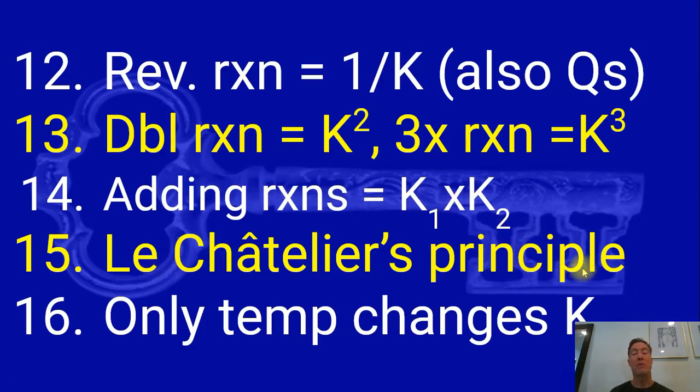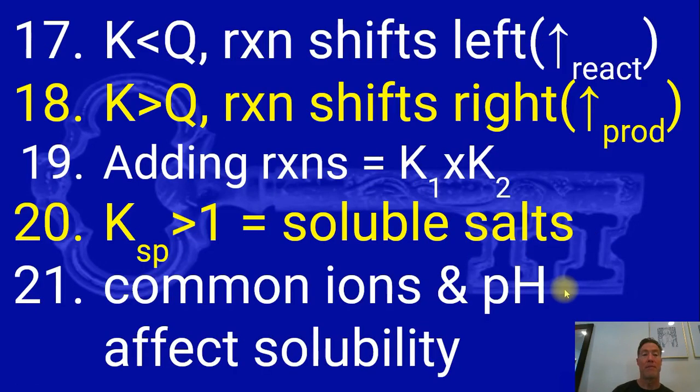Le Chatelier's principle says a system in equilibrium will respond to stress by trying to get back to equilibrium. The only thing that changes K is temperature. That's why we call it the equilibrium constant. If Q is larger than K, that means that we've got more products than the system wants at equilibrium, so it will shift left towards reactants.